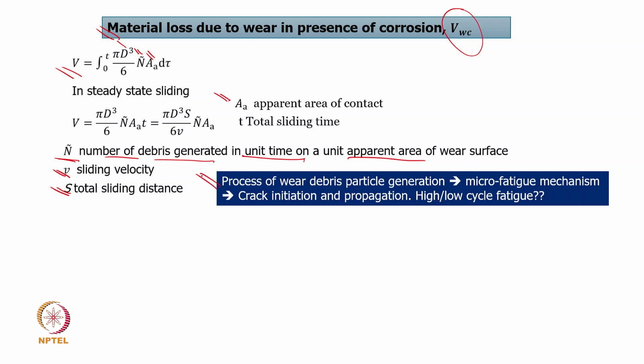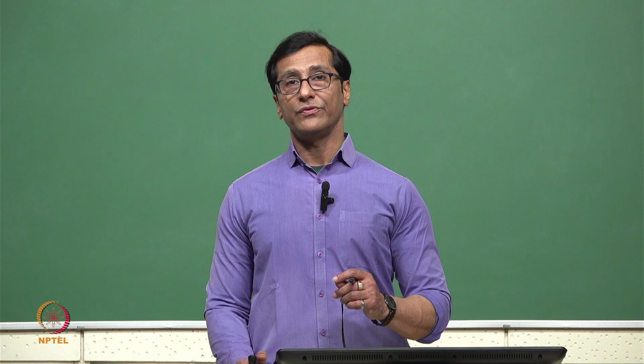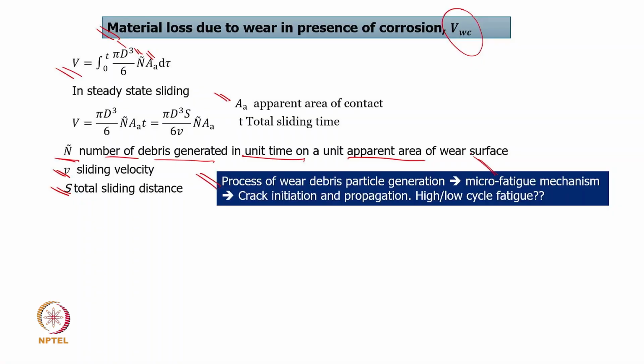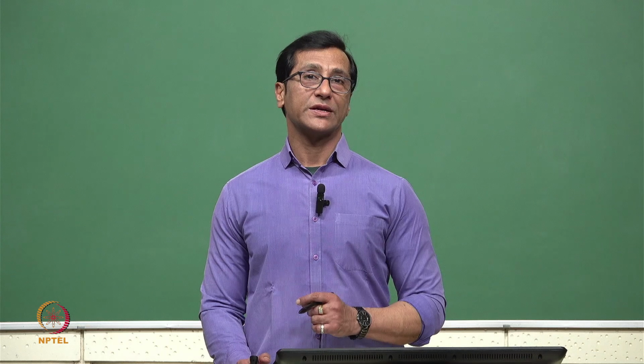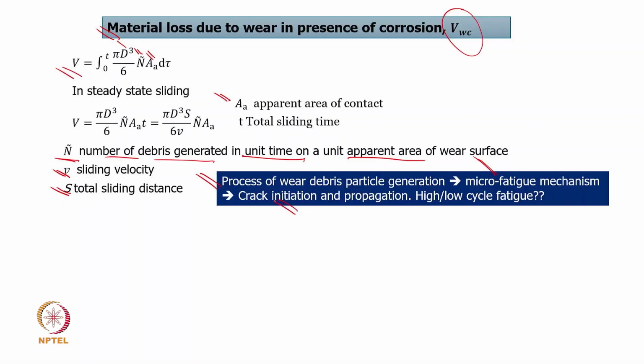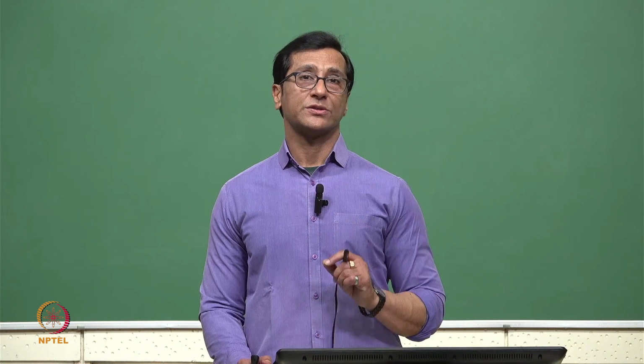Now one more thing comes: how do we remove the wear debris particle from a surface? In a few papers, they have explained the complete phenomenon from the microfatigue mechanism point of view. What's the meaning of that? There will be some crack initiation and then crack propagation. Crack initiation because of corrosion is easier, and that will get propagated because of the wear.